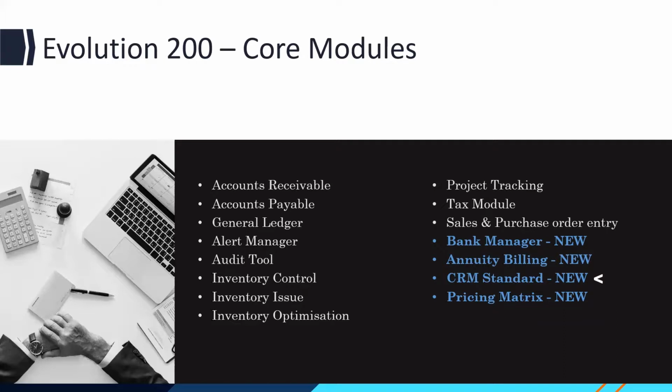You can also have incident escalations. If an incident has been raised in the system and it hasn't been dealt with in a specific time frame, the relevant escalation party will receive a notification. The final module that you get that's included as part of the core is the pricing matrix module. This is basically a module that helps you to create flexible pricing structures for clients based on a tiered approach.